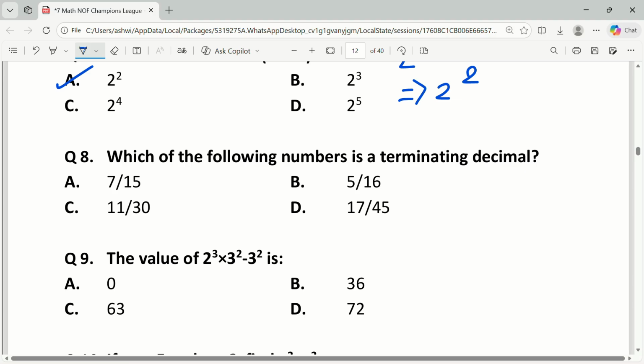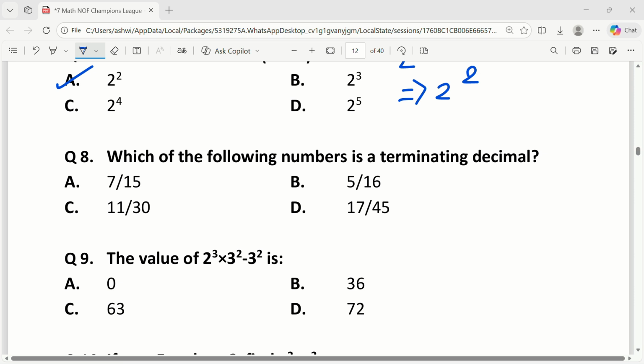Which of the following numbers is a terminating decimal? A fraction p by q in its simplest form is a terminating decimal if and only if the prime factors of the denominator q are 2 and or 5.